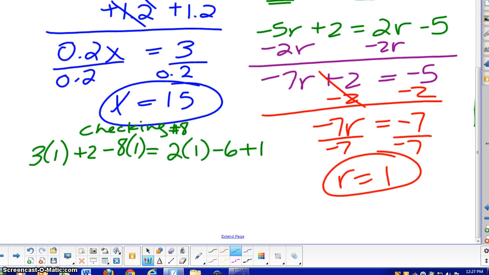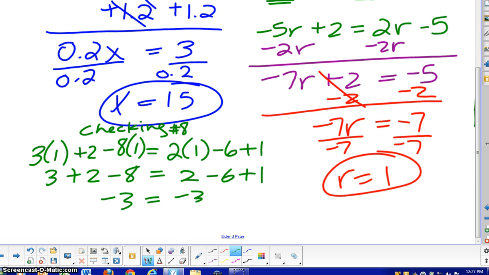We have 3 plus 2 minus 8, and then 2 minus 6 plus 1. This would be 5 minus 8, that's negative 3. And 2 minus 6, that's negative 4 plus 1 is also negative 3. So I know that I did it right.